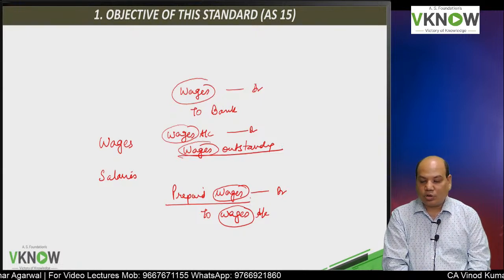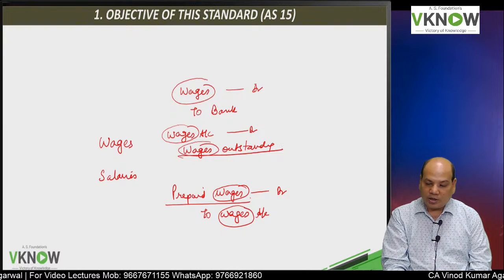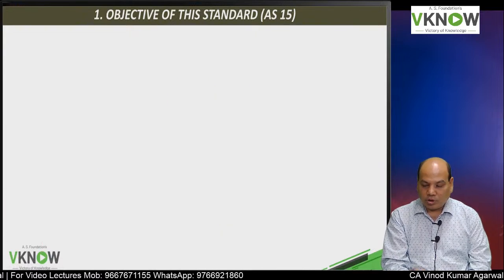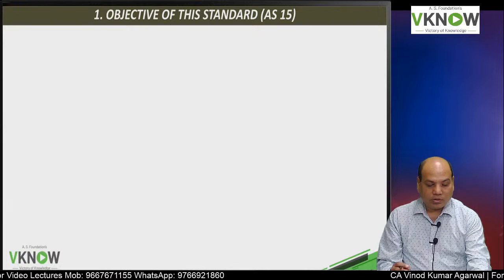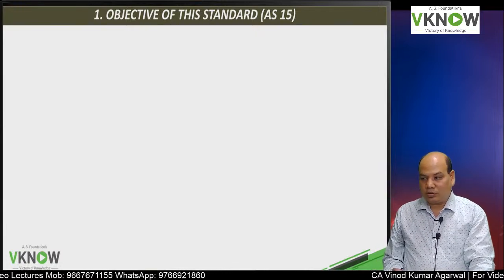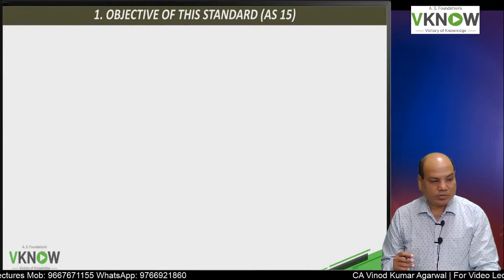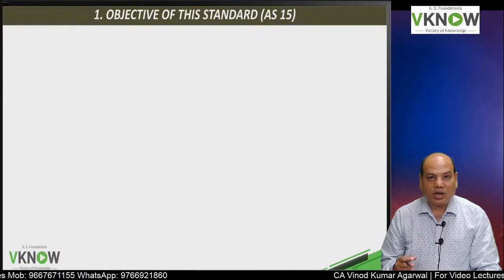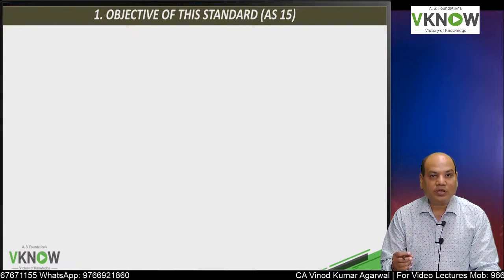Wages and salaries are not the only benefits provided by the employer to the employee. Nowadays, to keep the employee in good humor, you have to give them perquisites: housing, car, Wi-Fi, mobile, club membership.